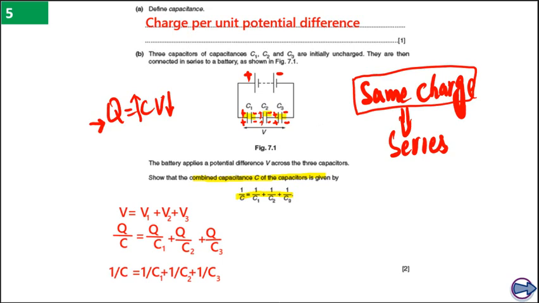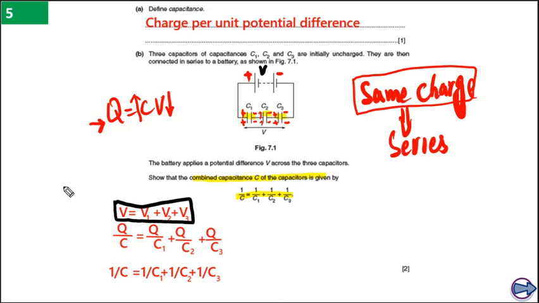I have already derived this one for you, so you can see it is quite neat and clean. I will explain the main concept now. As you can see here, V is equal to V1 plus V2 plus V3. It simply means that the total EMF of this battery is equal to V1, the potential difference across the first capacitor, plus the potential difference across the second one, plus the potential difference across the third capacitor.